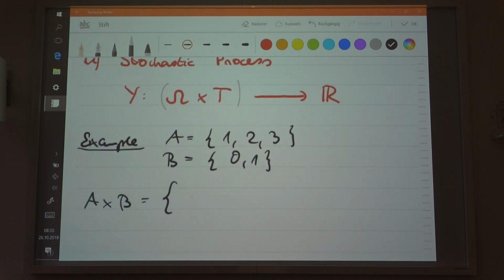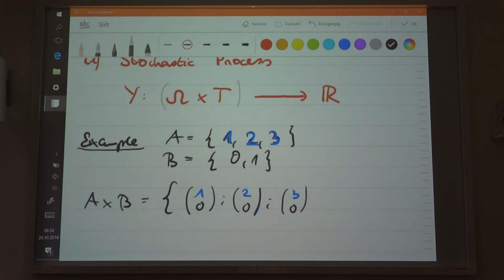The first element has to be something from the set A, and the second one from the set B. So here you have (1, 0), (2, 0), and (3, 0). These are the first ones.